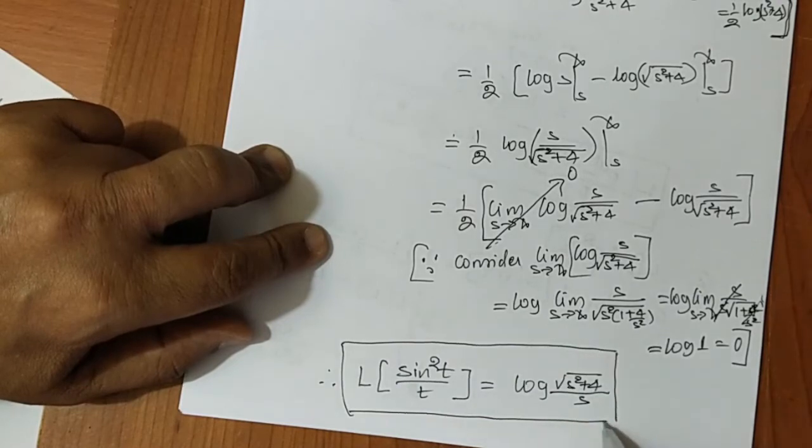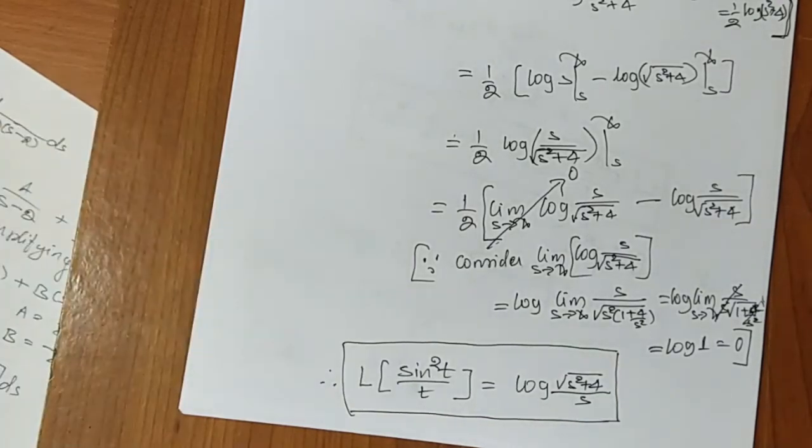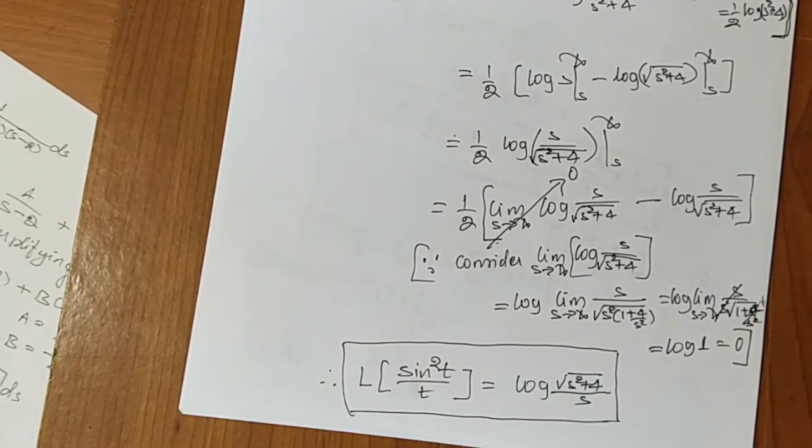This is f of t by t. If f of t by t is there, I can easily find out the integral of the Laplace transform of that using the f t by t result. L of f t by t is integration from s to infinity of f of s ds.